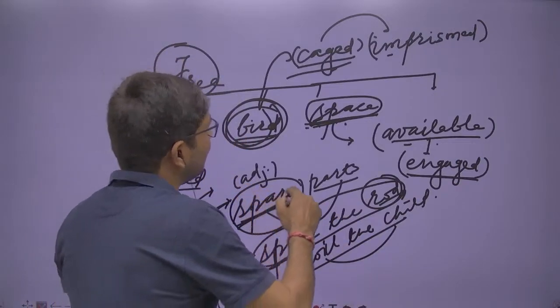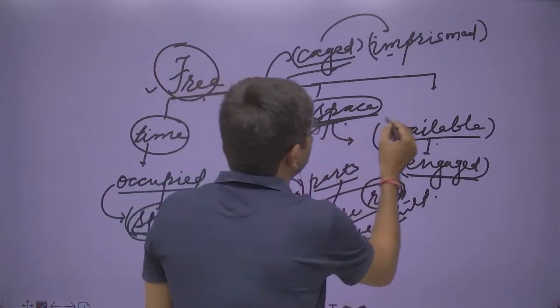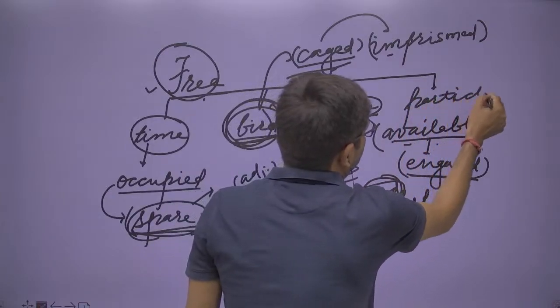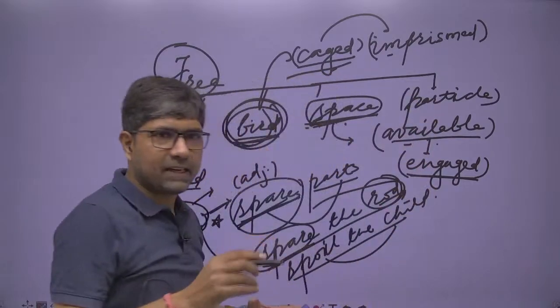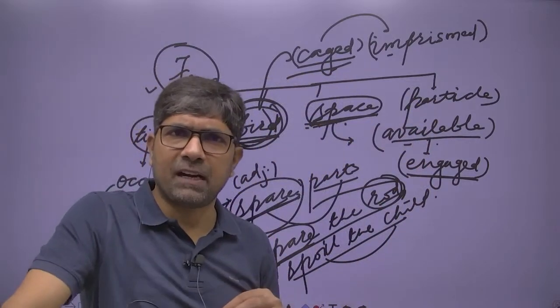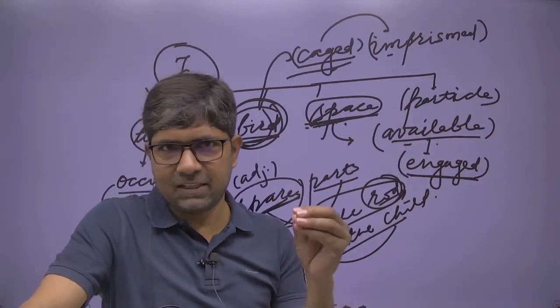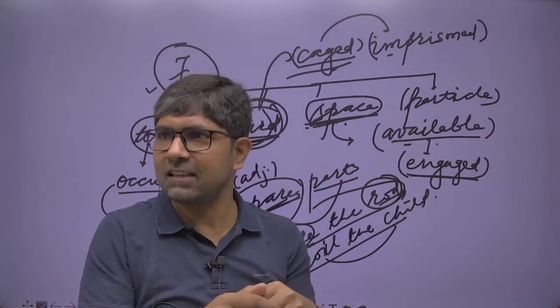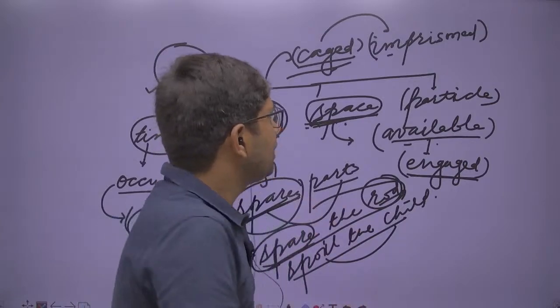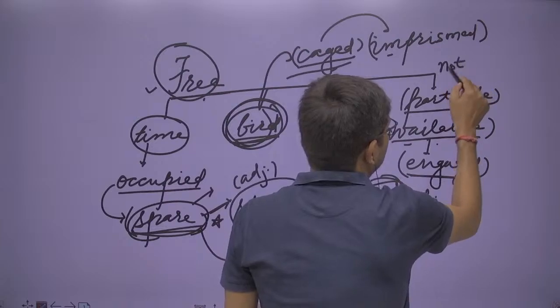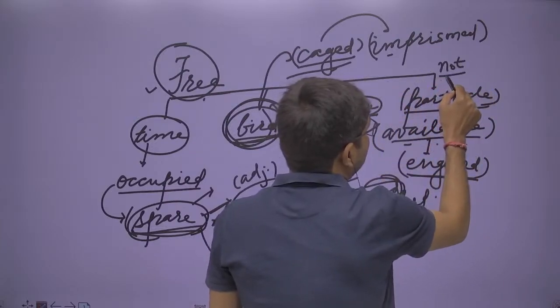If I say this is a free particle, what does it mean? It means this particle is not bound to something there. It is not attached. It is free. So free particle is not attached. Free particle is not bound.